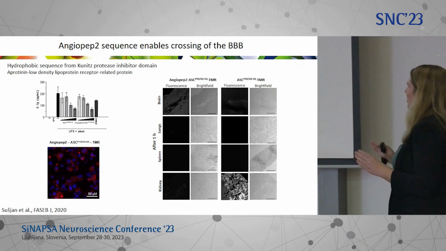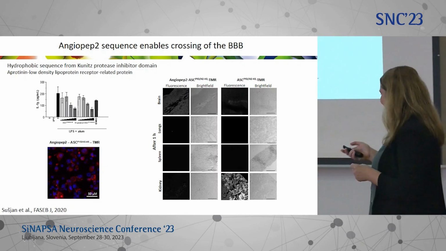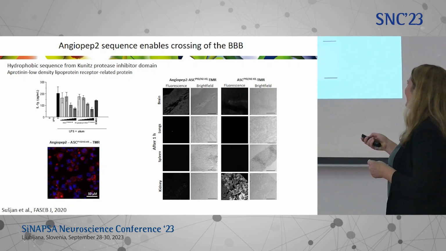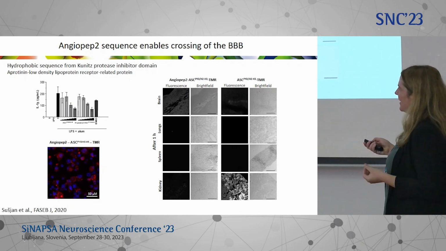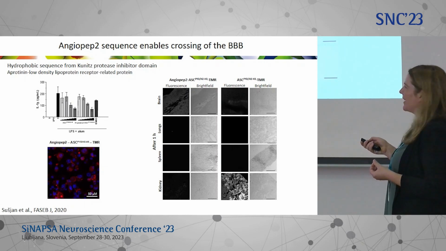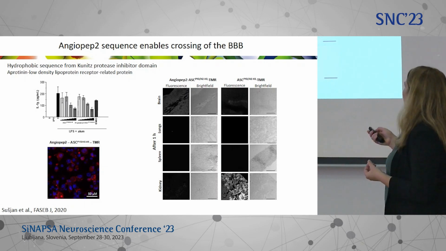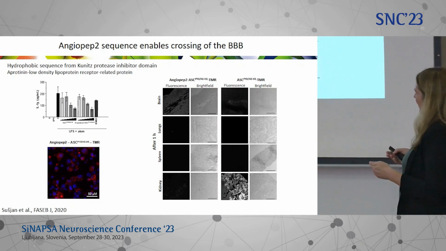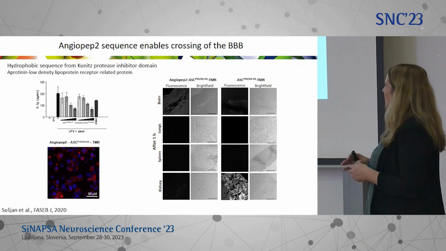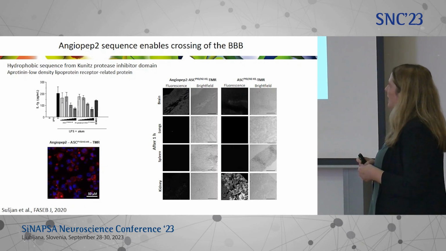What you can see is, first, that this peptide, even with the angio-PEP tag, was nicely inhibiting, similarly to the non-tagged version. It could get very well into the cells. Then we injected it IV into mice, and after 1 hour we sacrificed the mice and looked at the organs where the fluorescence is present.